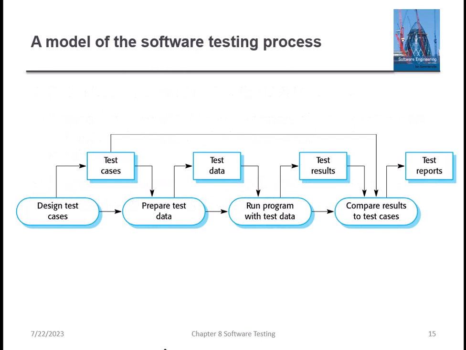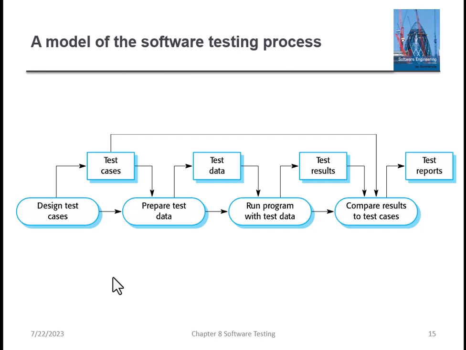A model of the software testing process. This is a generic model. First, you design test cases. What are test cases? Test cases, in brief, include all the steps of the test.